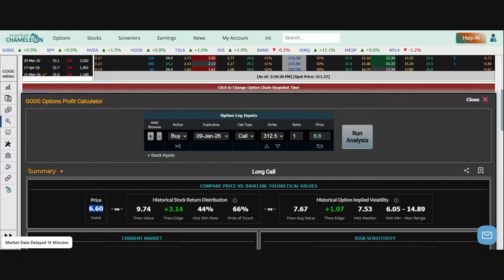So we're on the lower side, and it makes sense here because we're going into the holidays and so forth, and things slow down.